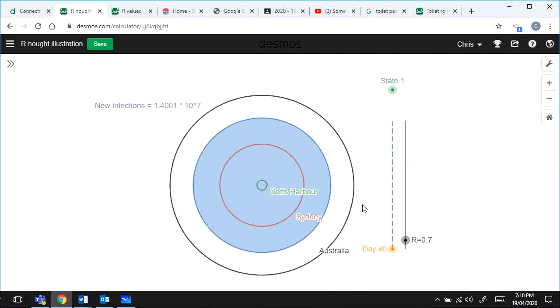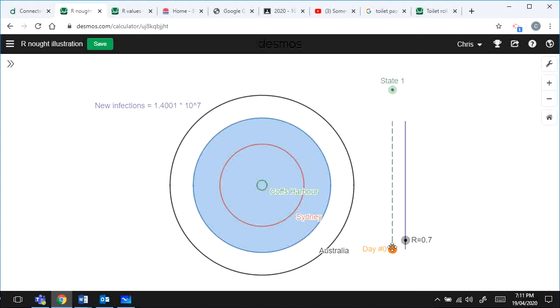So this time I've assumed we're part way through the epidemic. We've already got the blue circle number of sick people out there. But now our social distancing is starting to kick in. You're staying at home, you're quarantining yourself, you're doing all the right things. And our R number, which is now Re, is 0.7, anything less than 1.